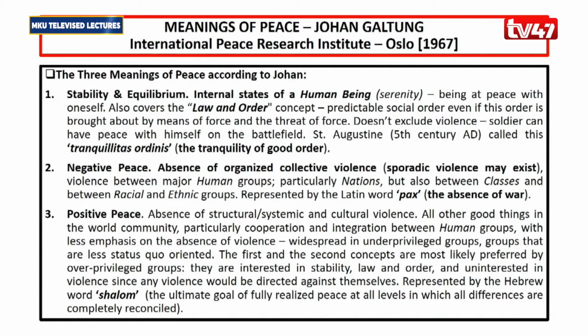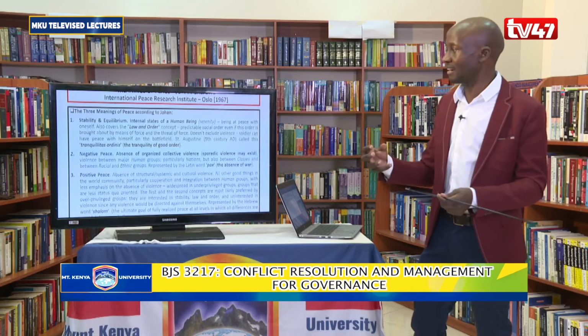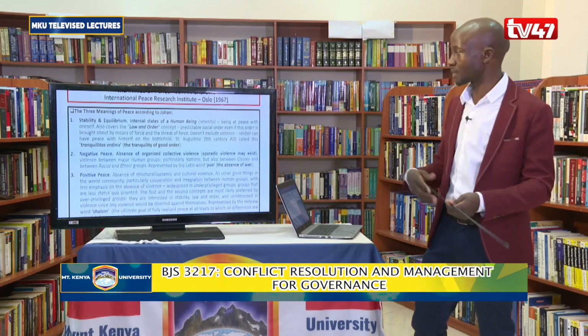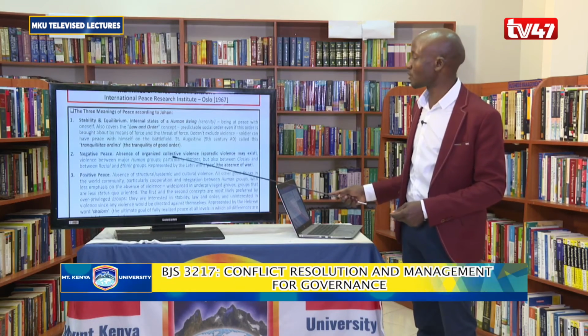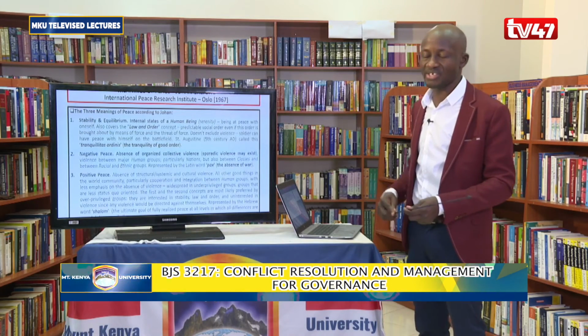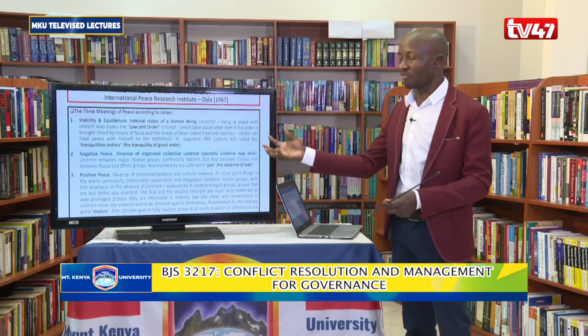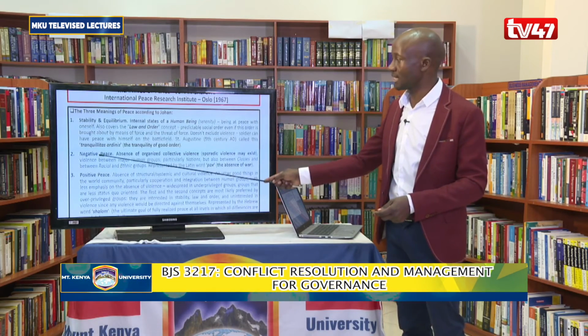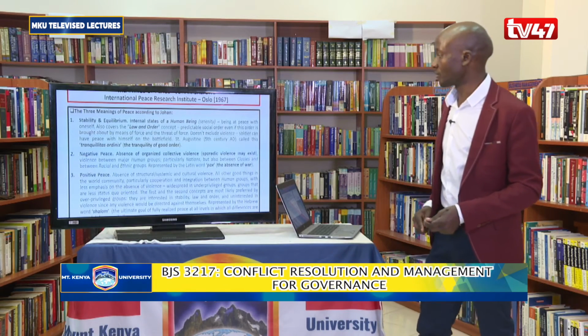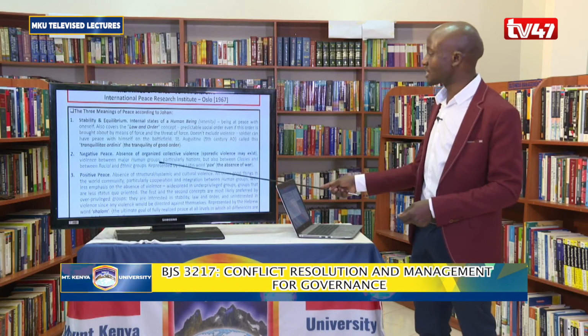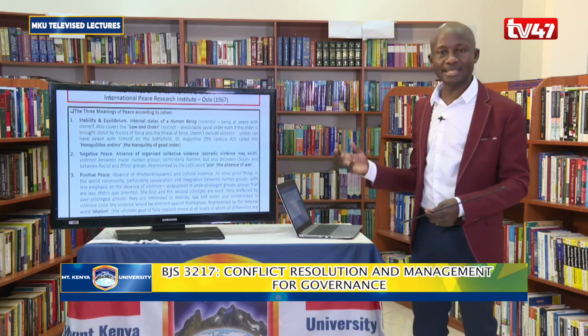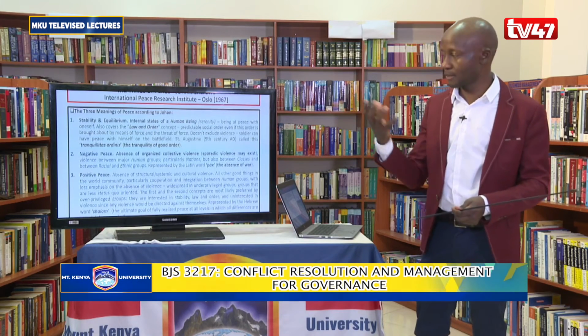But you could also have negative peace, where you still have what we call sporadic violence, a little bit of violence here and there, but still people are enjoying peace. But once the violence becomes collective and organized, which means in the entire society people are fighting, then we need to get rid of that for us to experience what he's calling a negative peace. But within negative peace, we still have structural and systemic and cultural violence.